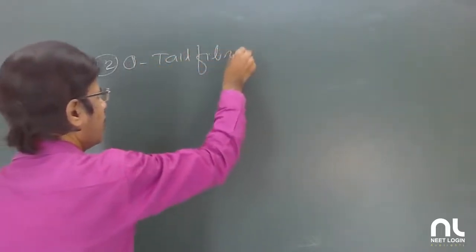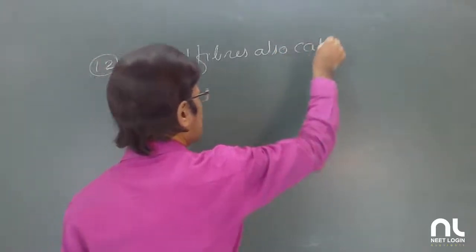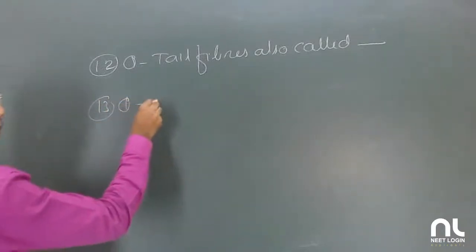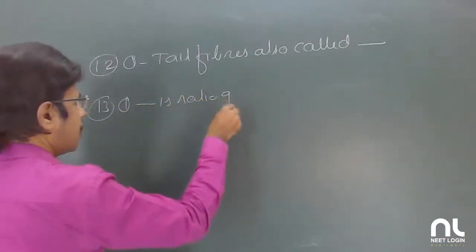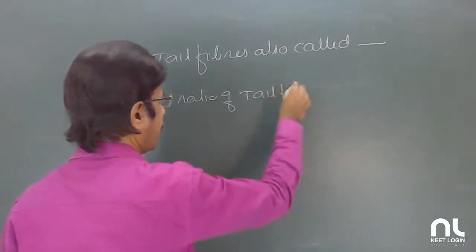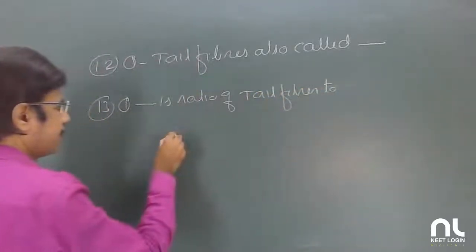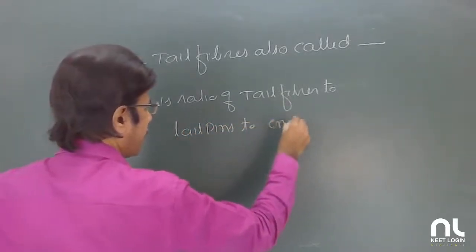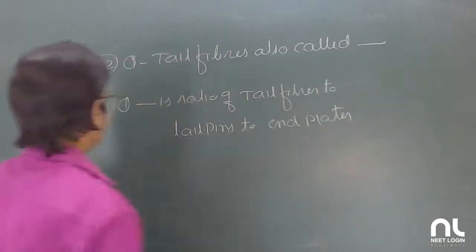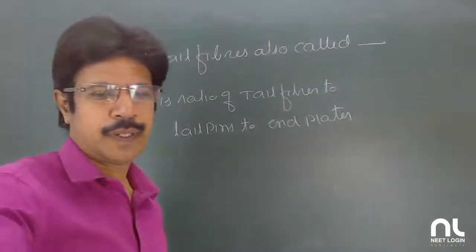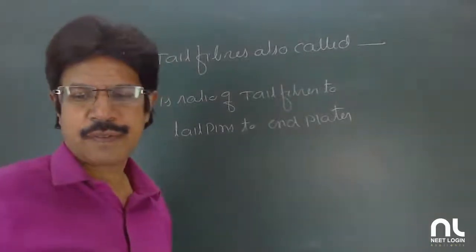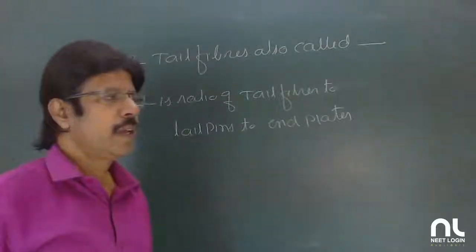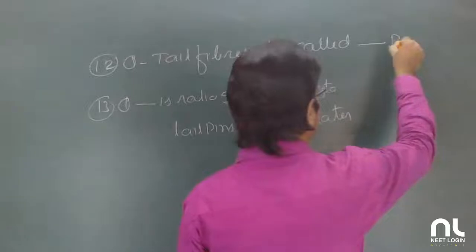Tail fibers are also called dash. Question 12: dash is the ratio of tail fibers to tail pins to end plates. What do you call prongs?